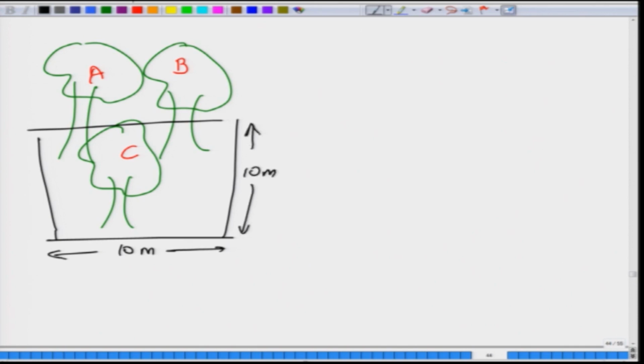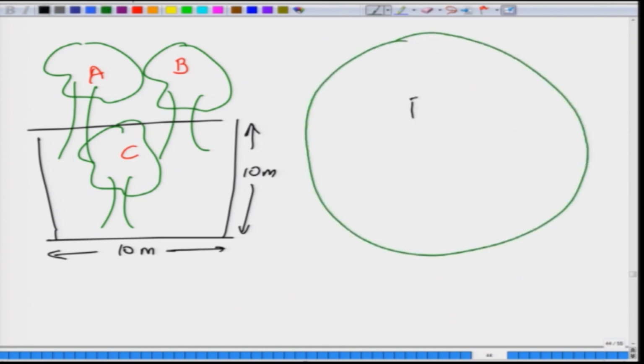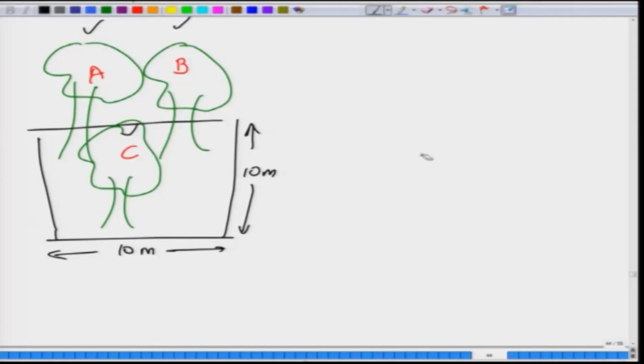Essentially, what we are saying is that you have a big stand, and in this stand you took a sample plot which is 10 meters by 10 meters, and in this sample plot you have these 3 trees. So, using the data of this sample plot, you want to figure out what is the stand basal area per unit hectare of your forest or of your stand. So, how do we do it? We are given that the diameters are 25 centimeter, 30 centimeter and 35 centimeter.